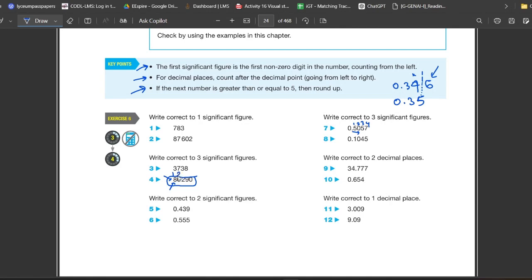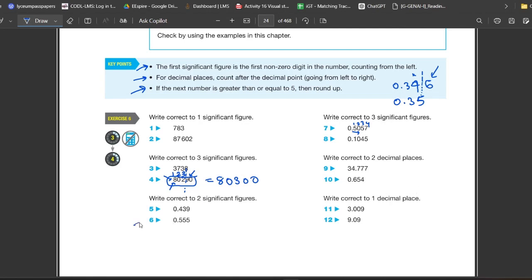This is the second, third significant figure. This is the point we have to omit from. The third significant figure is 9, so it is greater than 5. So we have to put 803 and double zeros like that.